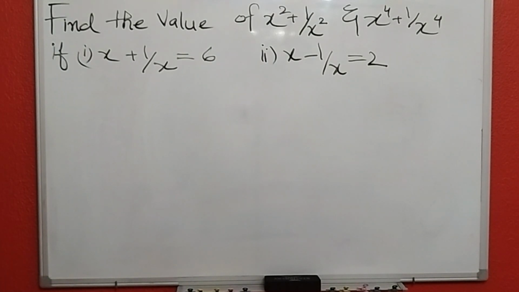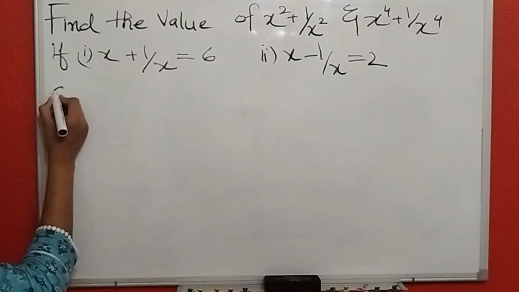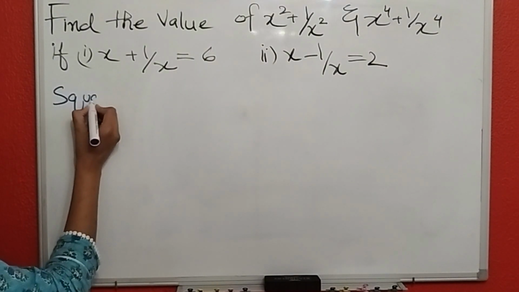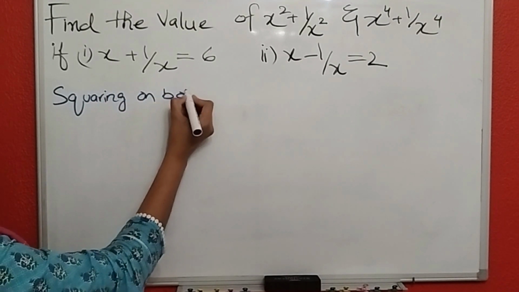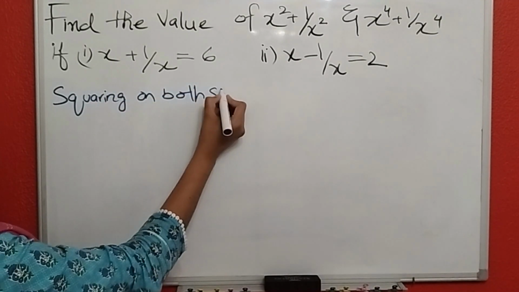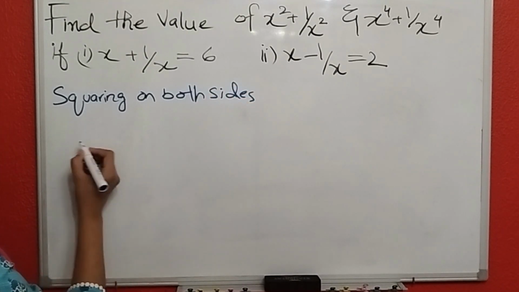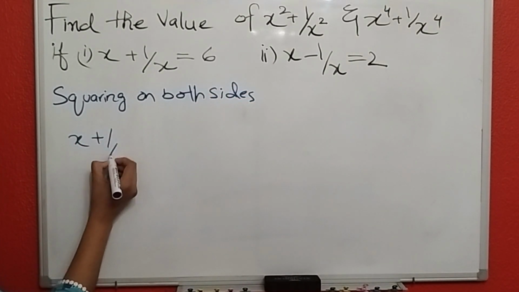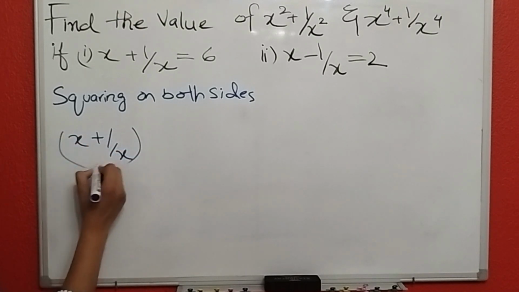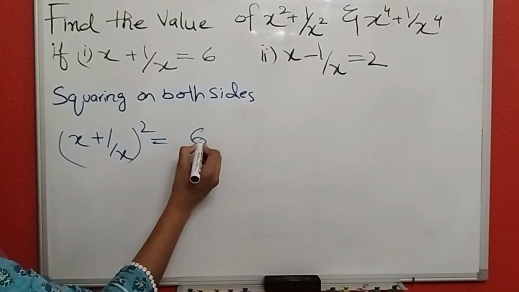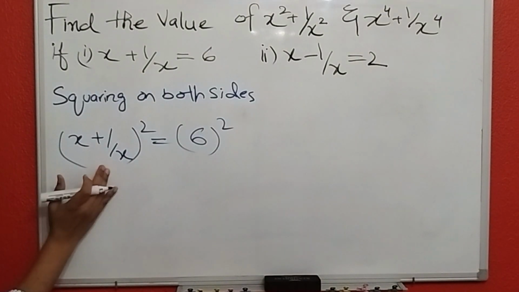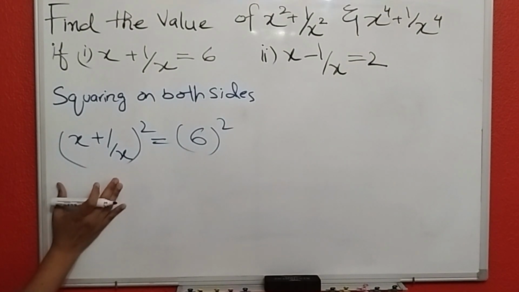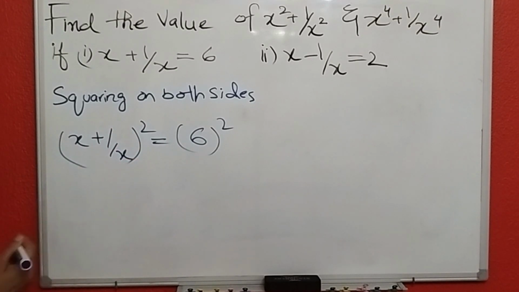So I am going to solve this one, squaring on both sides. (x plus 1 over x) whole square is equal to 6 square. Here you can see this has now become the whole square.